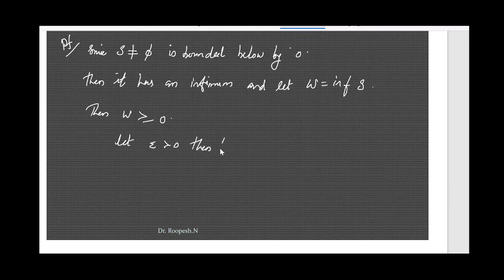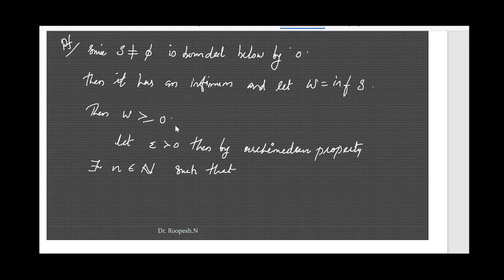Then by the Archimedean property, there exists some n belonging to N such that 1 by epsilon is less than n.